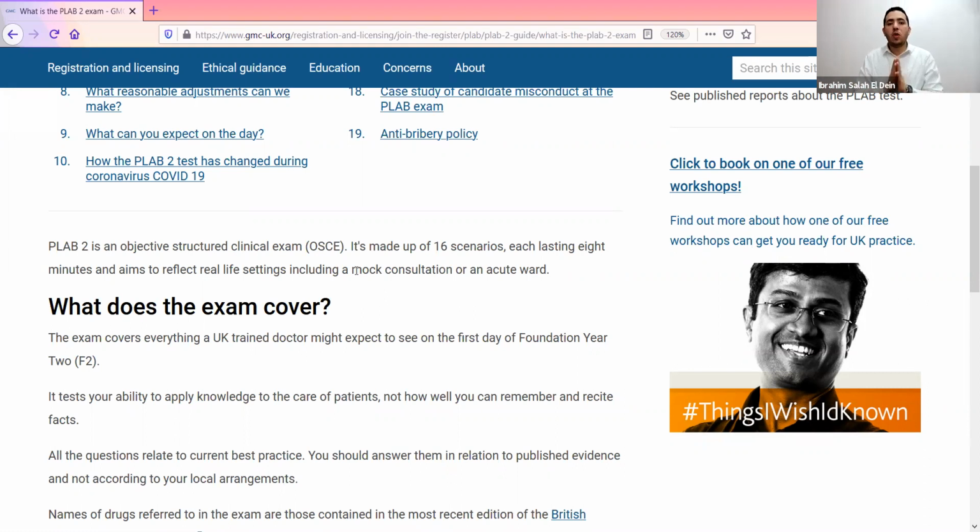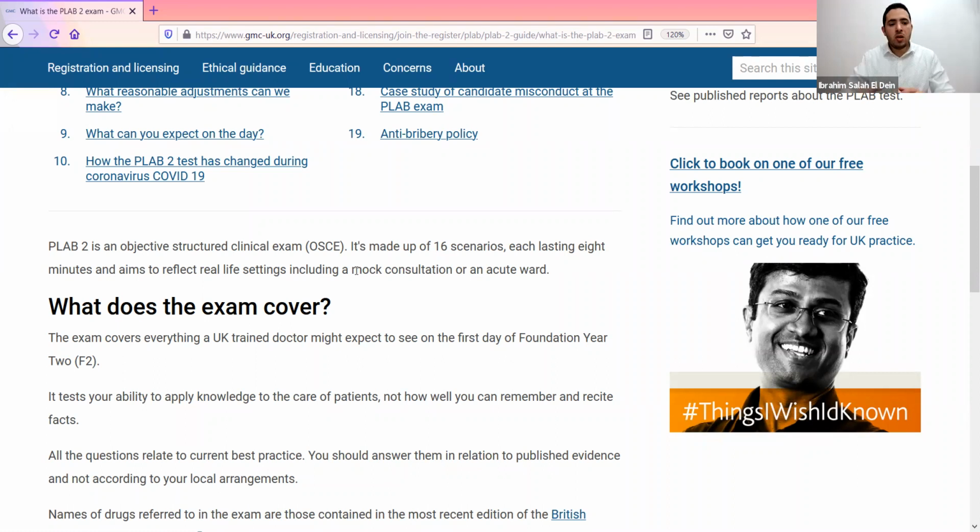You need to approach the simulator as if he is a real patient in your clinic or in your hospital. If you do it like this, you will pass this exam easily.